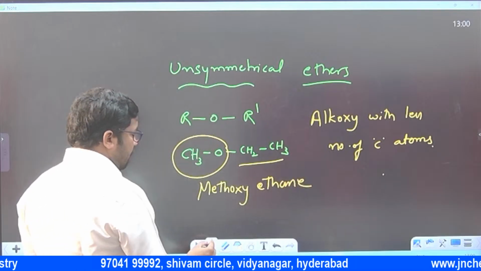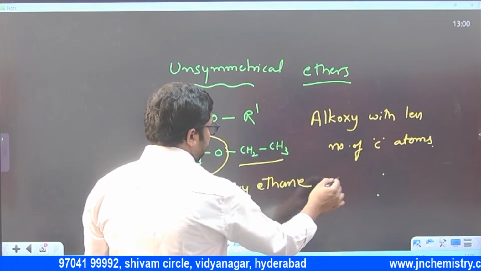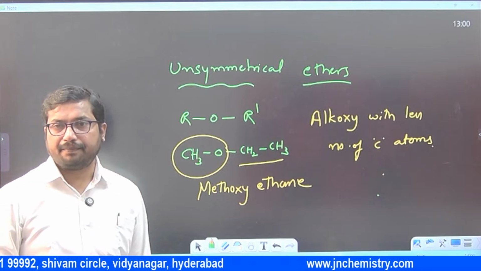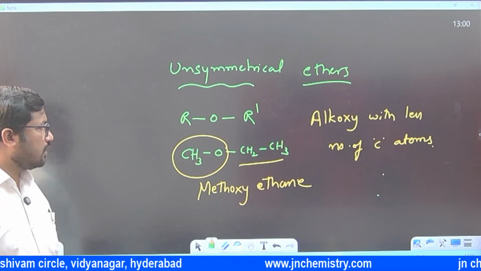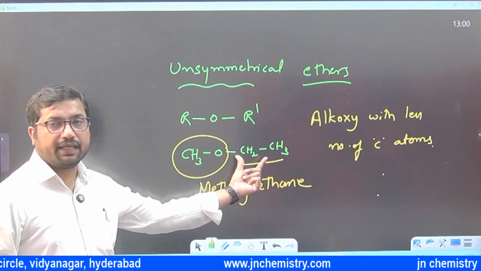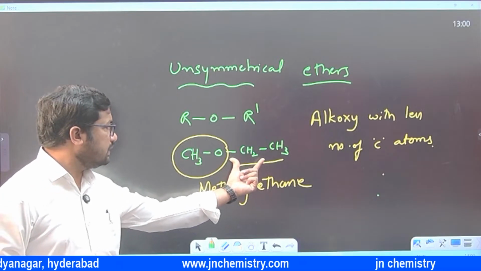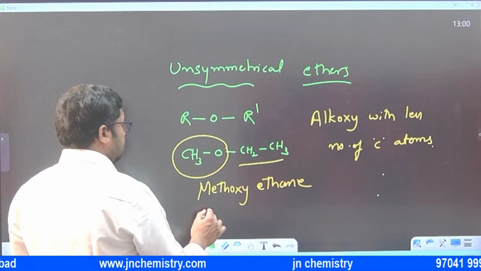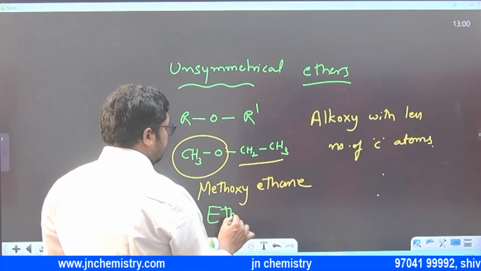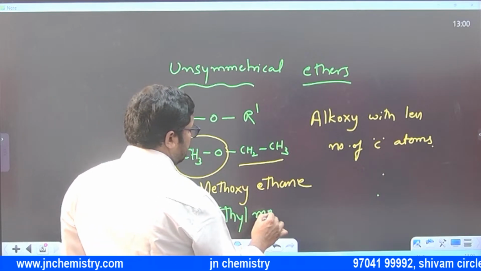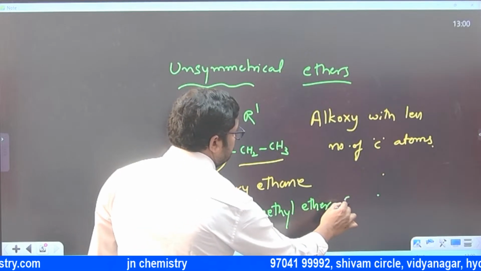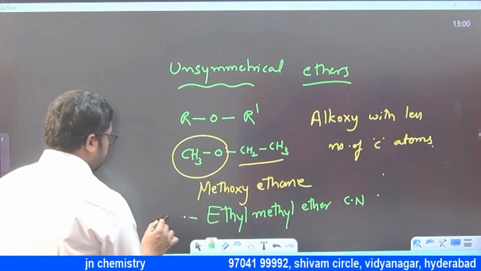Methoxyethane. So common name also we can write. What is the common name? Alphabetical order we need to follow. This is ethyl, this is methyl. Ethyl methyl ether. This is common name.